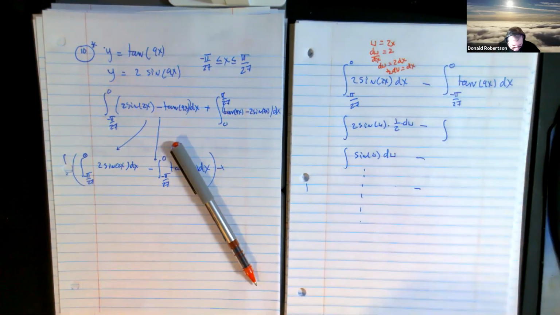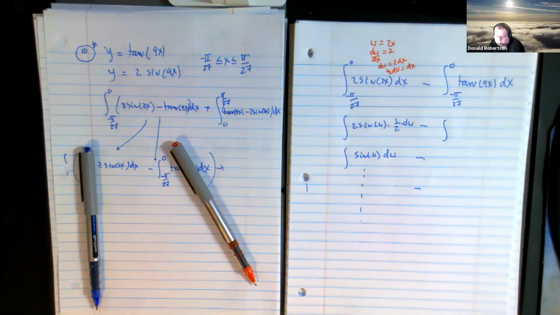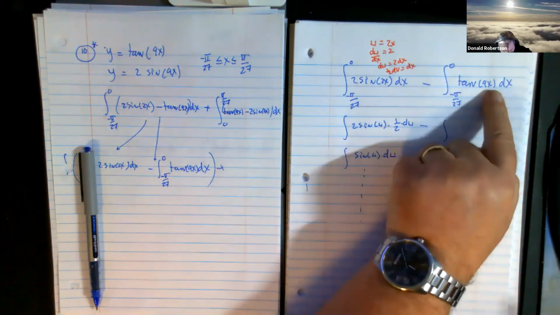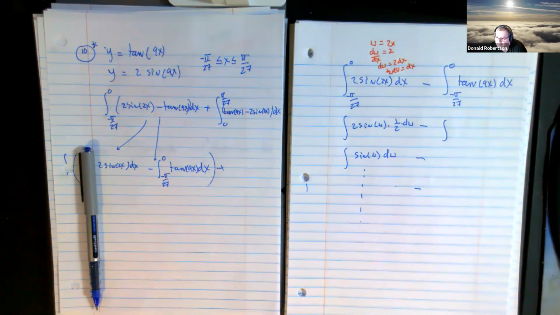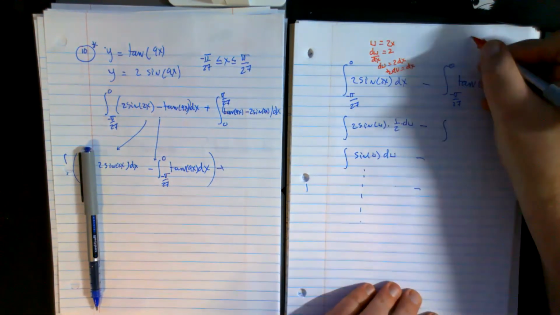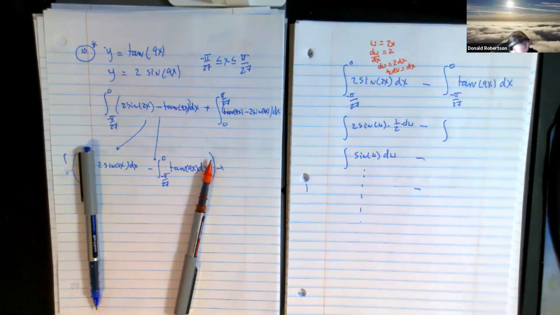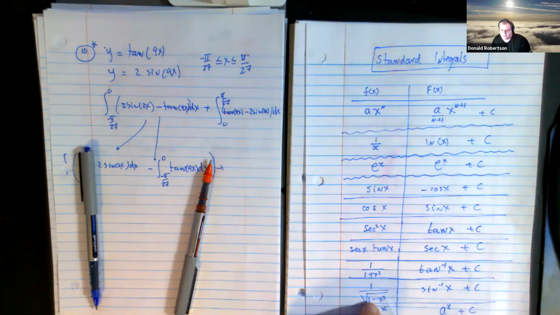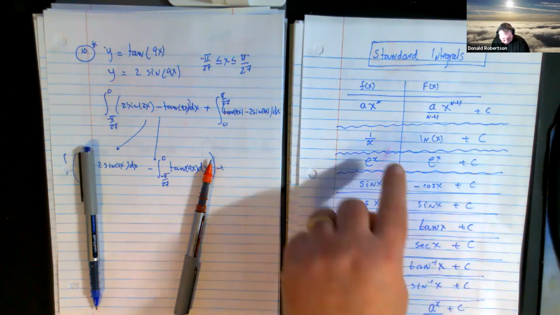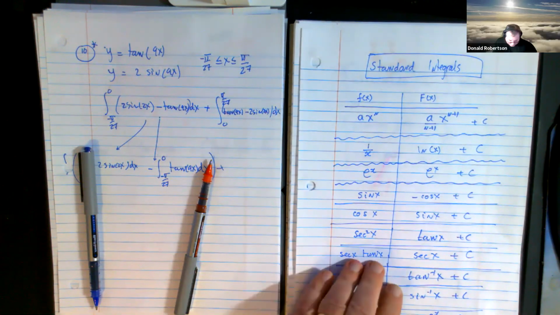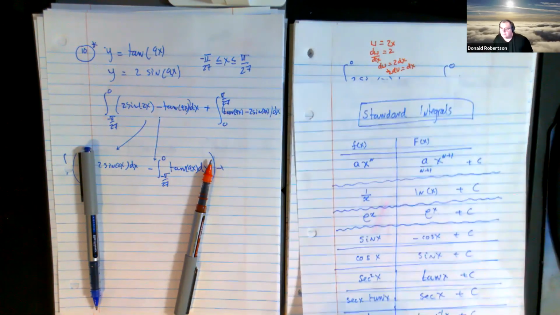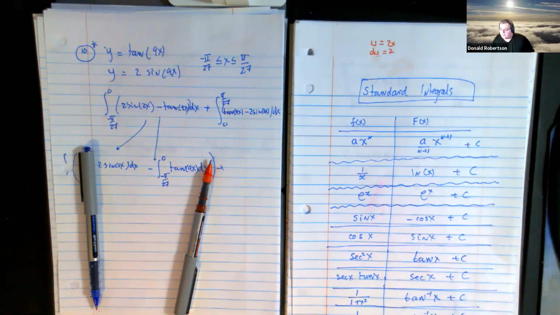What u sub do you think you're going to use for the tan of 9x? It should be getting easier. The 9x. Right. And then you're going to pause, or you should, and say, wait a minute. There isn't any tan x here. But I'm going to be integrating it, I need to know what it is.